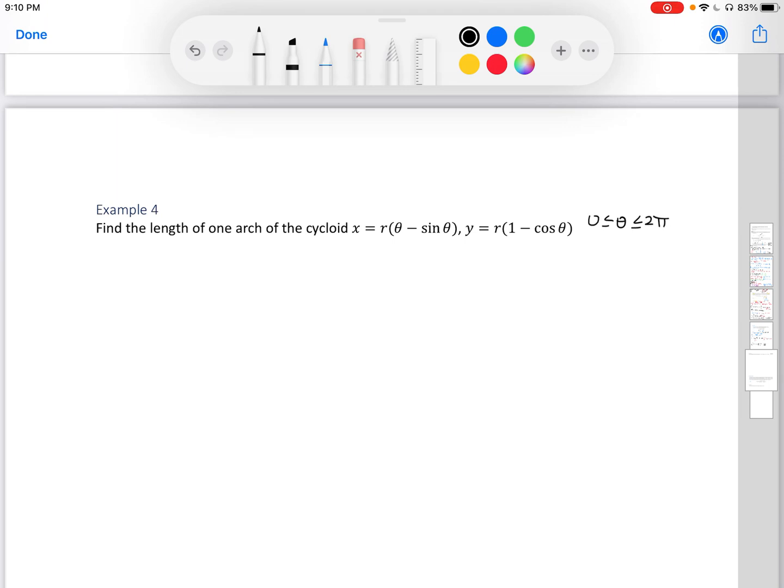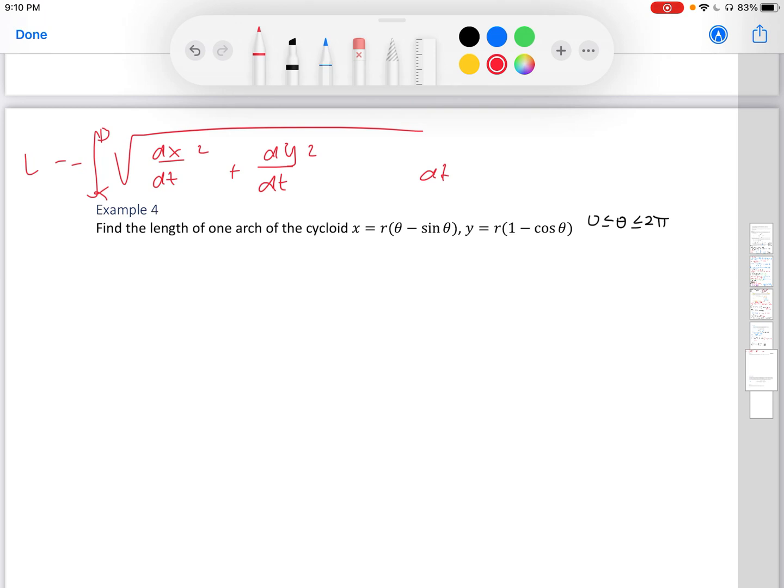All right, so we need to find these partial derivatives to find the arc length. Remember your definition for our arc length is our integral from beta to alpha of the square root of dx dt squared plus dy dt squared.